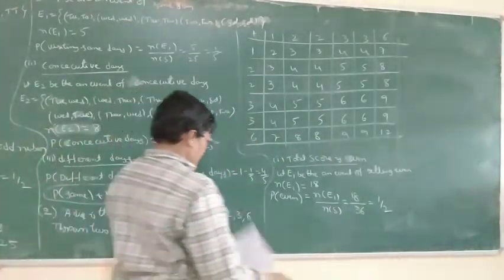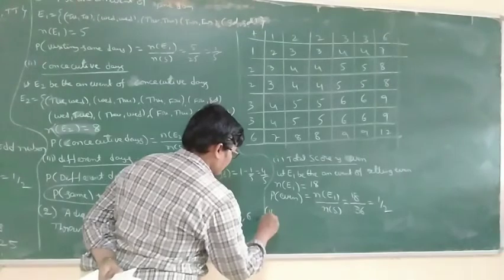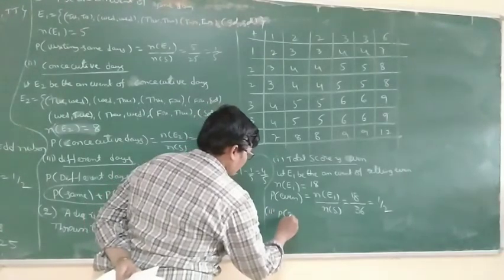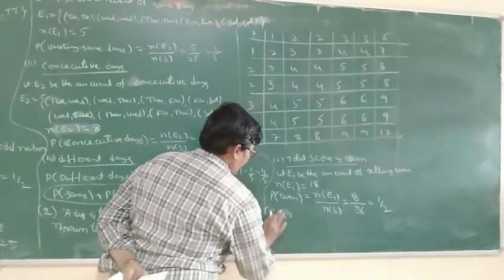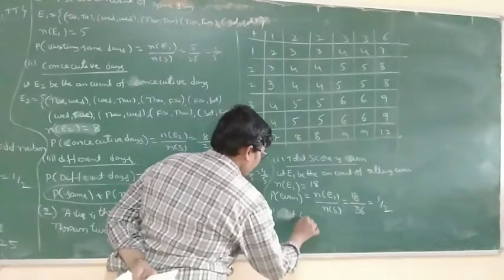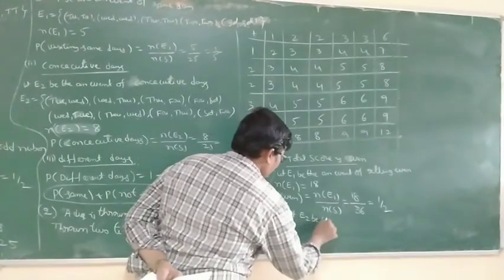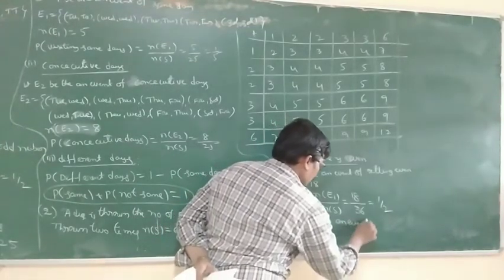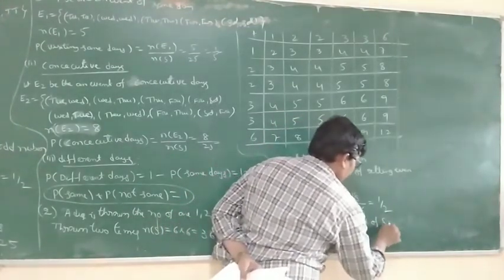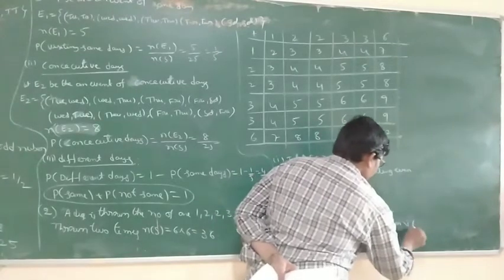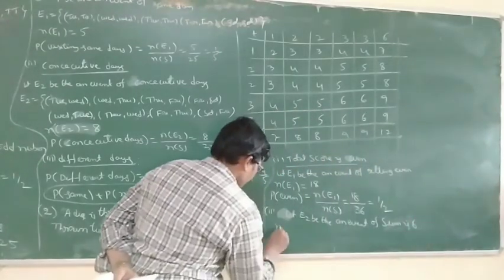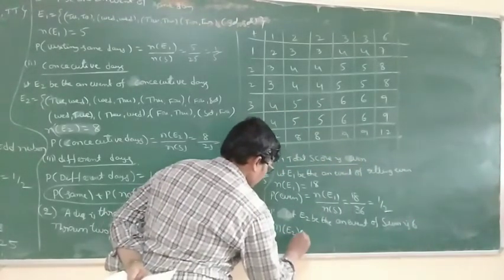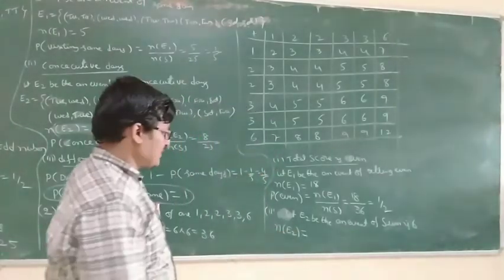Next, second one, probability of total sum is 6.